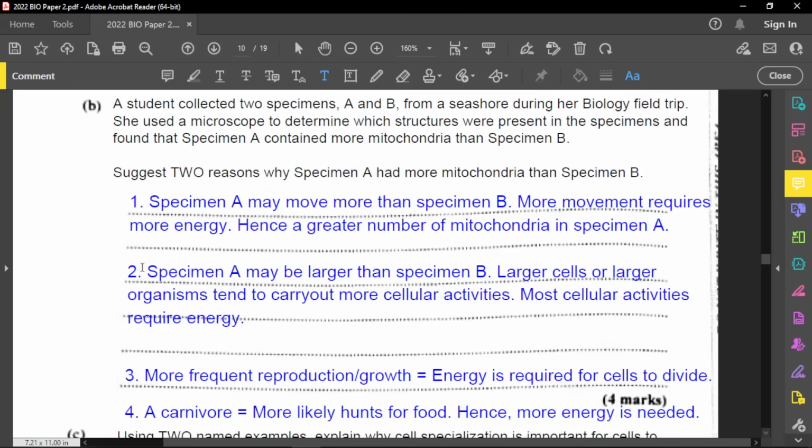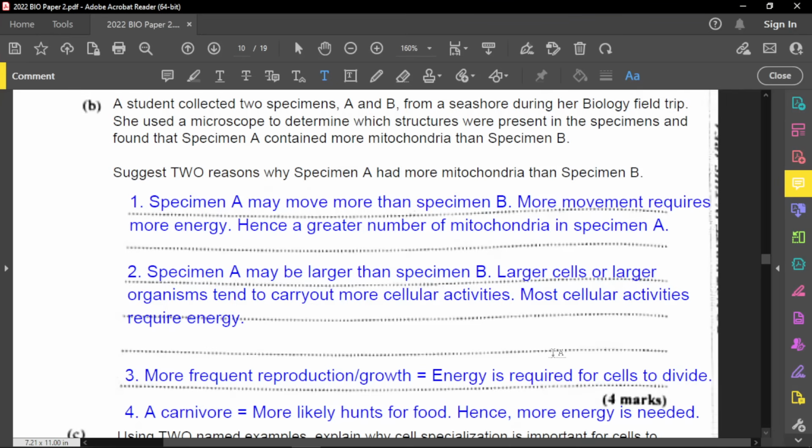Now for the second option here, specimen A may be larger than specimen B, and larger cells or larger organisms tend to carry out more cellular activities. Hence, more cellular activities require more what? Energy, because most cellular activities require energy to take place.